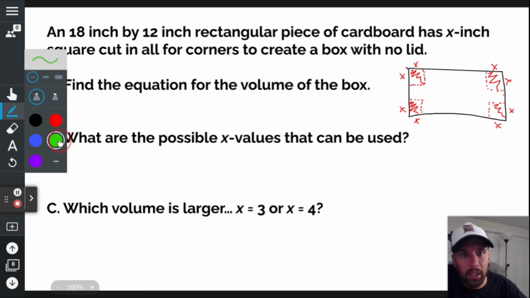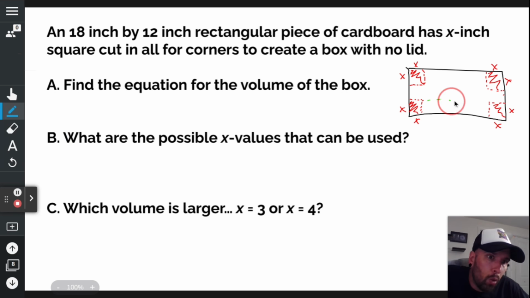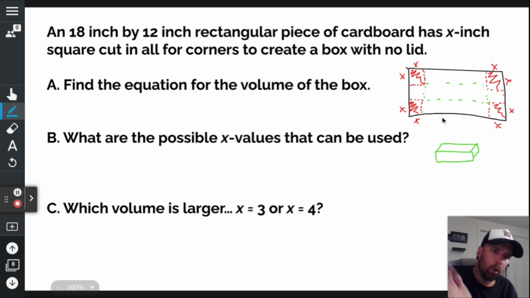Well, when I fold you up along this line and fold you and fold you and fold you, I now have a box with no lid. Now, when I fold these up, how tall is the box going to be?